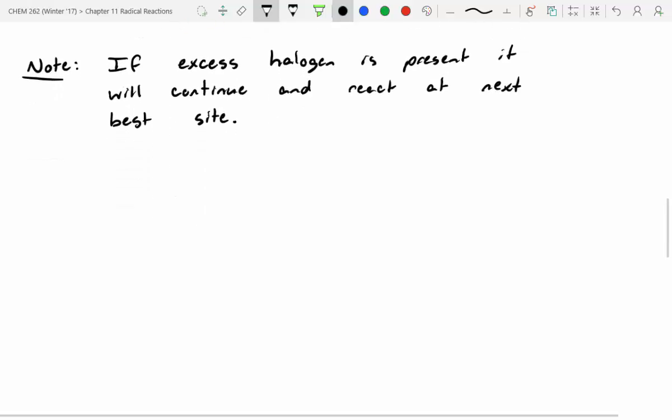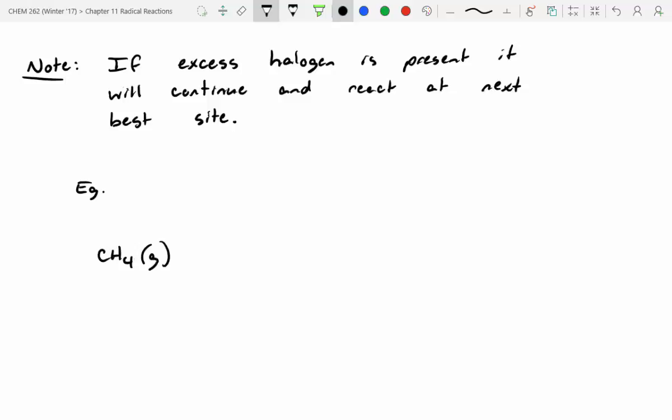So let's take an example of this. It's actually a commercial example. For this example, let's say we've got methane. Methane's natural gas, right? We can get this out of the ground. But let's say we want to turn it into a solvent for an organic chemistry lab.